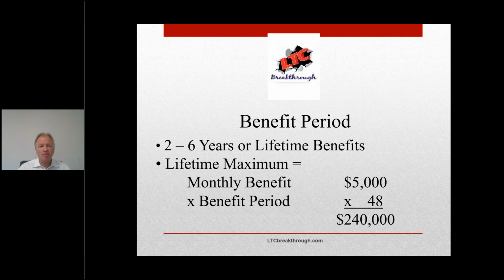I'll say that again, only about 10% of claims last longer than 5 years. So you can cover the vast majority of your risk with a 5-year benefit period that equates to 60 months. But again, most people select 3, 4, or 5 years depending upon their budget.